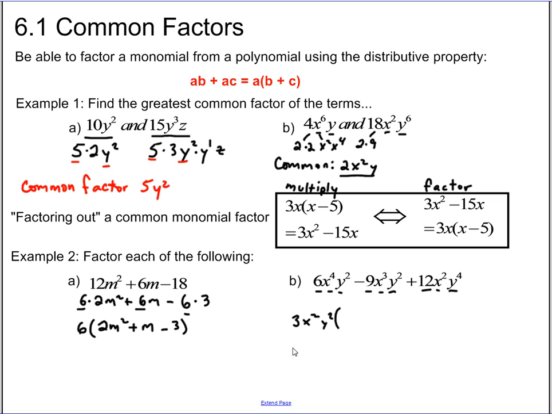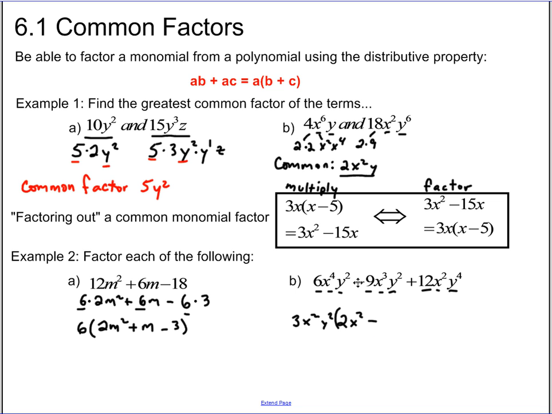So here's what we do. Take 3x squared y squared, which we know is our common factor, and we ask, what would we have to multiply by 3x squared y squared to get 6x to the fourth y squared? Well, the answer is 3 times 2 would give us 6, and x squared times x squared would give us x to the fourth. y squared would just be multiplied by that term directly.